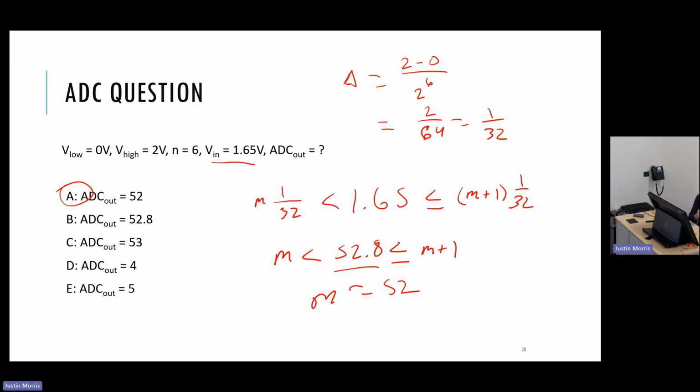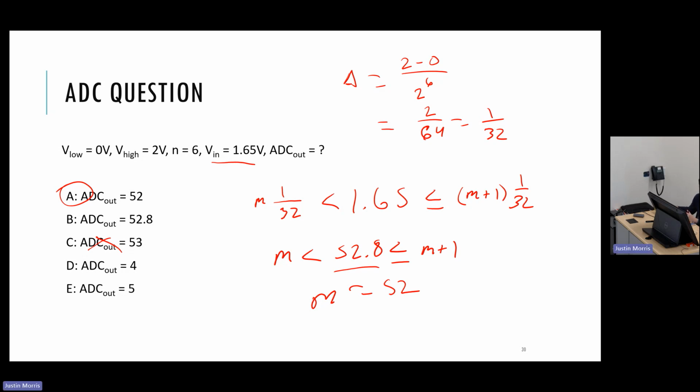And remember, we don't go up to the next threshold until we pass it. Right? So that's why it's not 53. So basically 1.65 is in the 52nd interval in the range 0 to 2 if it's split up into 64 different intervals, right?